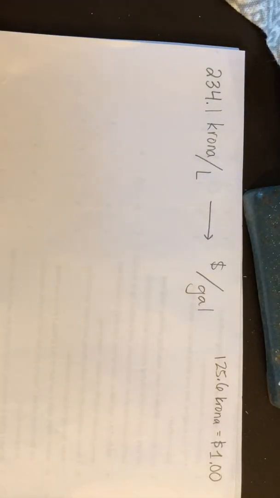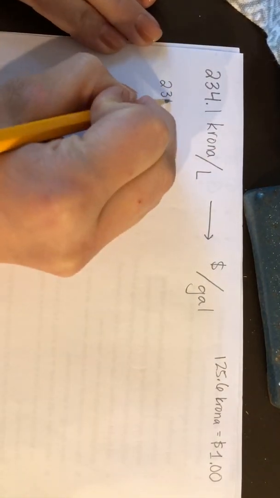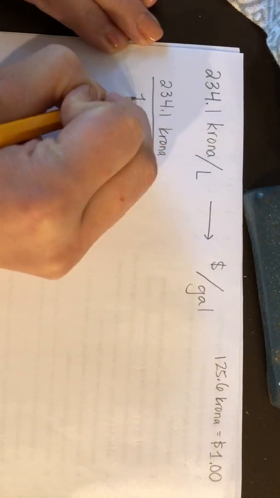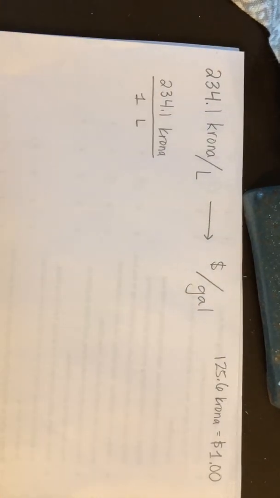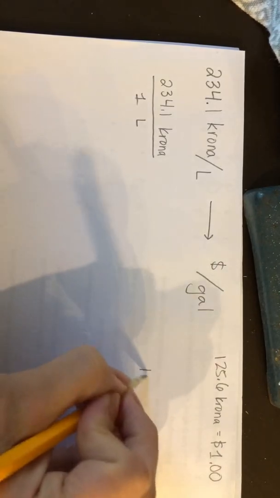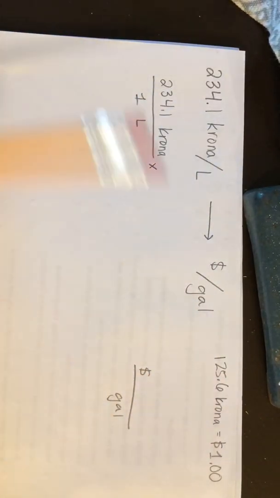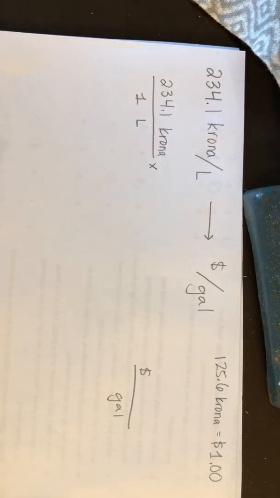Make sure that we separate those units into the numerator and the denominator. So this is 234.1 krona over 1 liter. And remind ourselves in the end, we want to get to dollars over gallon. So we're going to convert krona to dollars, then liters to gallons. And we can do that separately, but in the same problem.